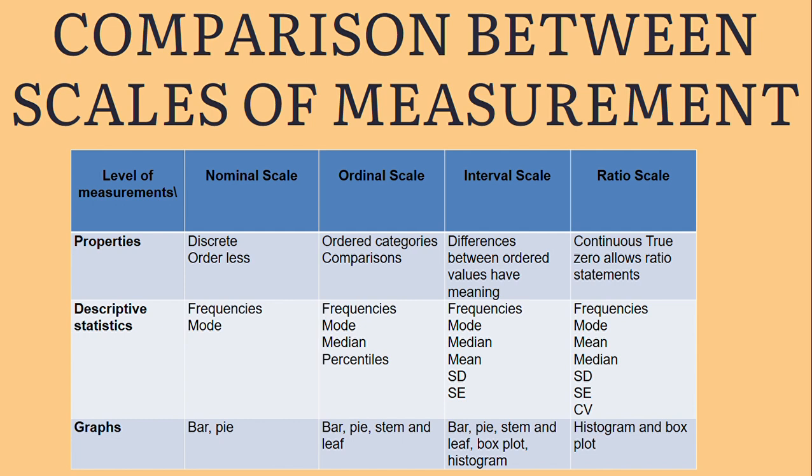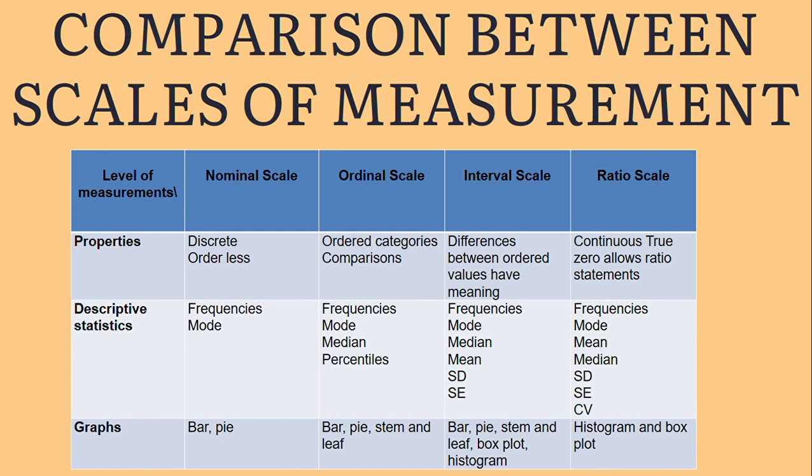Then descriptive statistics. What statistics can we use for the different types of scales? In the nominal scale, we can use frequency or mode because we can't calculate mean, median or SD for the nominal scale. So mode is the suitable measure of central tendency.